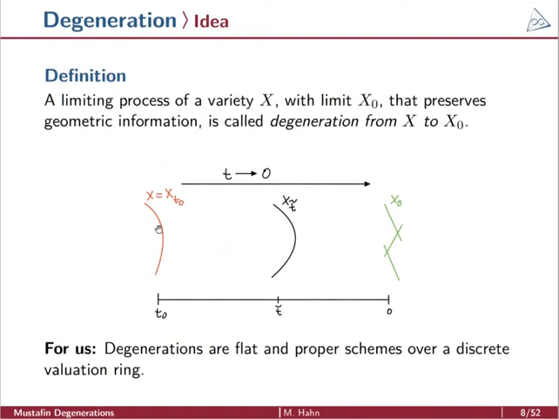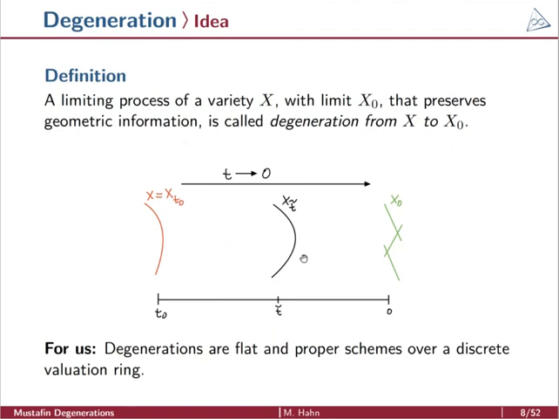So here we have a schematic picture of this. We have a parameter t that runs from t0 to 0. For t equal to t0, we get the variety x back that we started with. For every value of t in between, we get a different geometric object, for example, x_t tilde. When we let t go to 0, we get this limit x0, this variety in the limit.